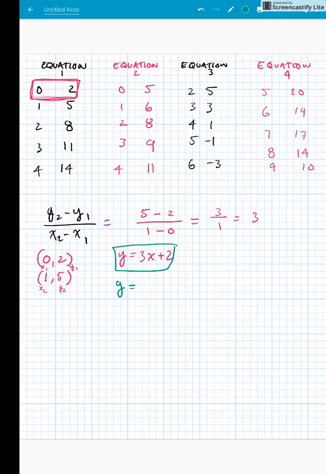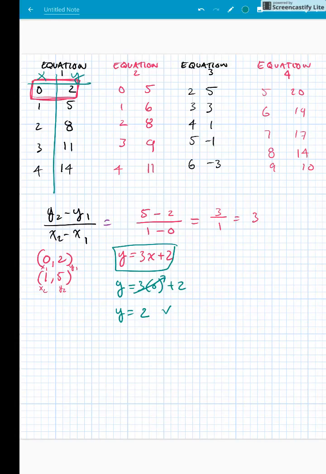Watch me. 3 times 0 is 0, plus 2, y equals 2. That means if this was a t-table, this is my x, this is my y. I put in a 0, I get a 2. Check. Let's test the 1.